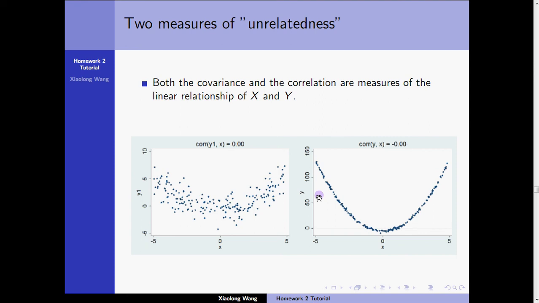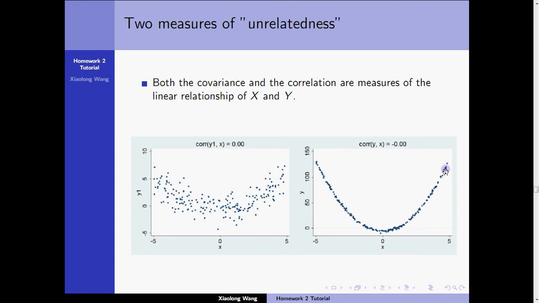But the coefficient of correlation is 0 in this case. Similarly, here it looks like a parabola, but we observe the coefficient of correlation equals 0 as well. So they are not good measures of the relationship between x and y if their relationship is nonlinear.